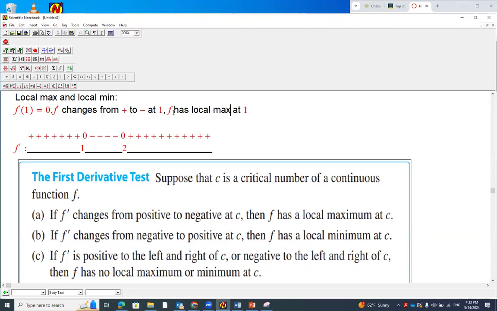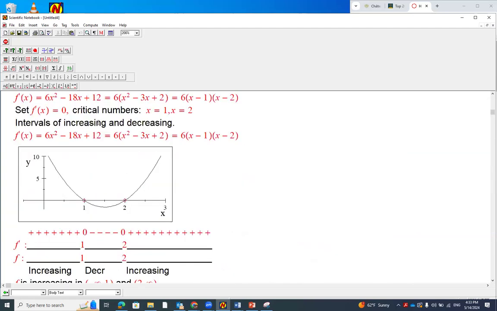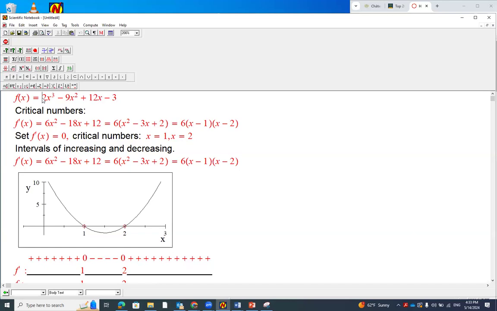So f is no longer the derivative, it's f has local max at 1. So next, you need to show the reader, okay, f of 1. What is f of 1? Because at that point, we have local max. What is that local max? We're going to go back to the function.